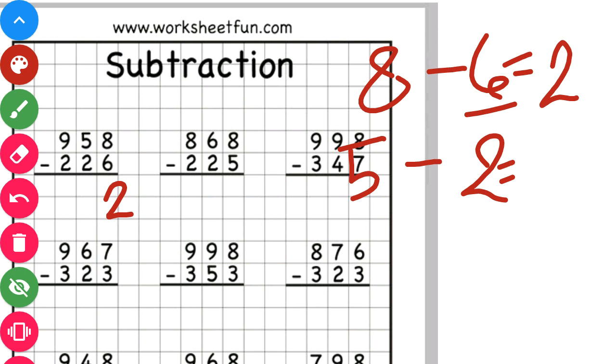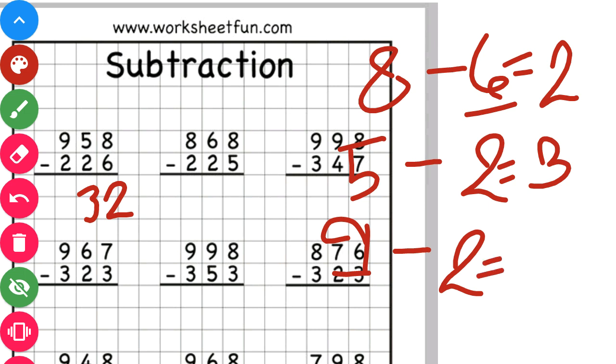After how many steps do we get 5? 3. So 5 minus 2 will give us 3. Now 9 minus 2.